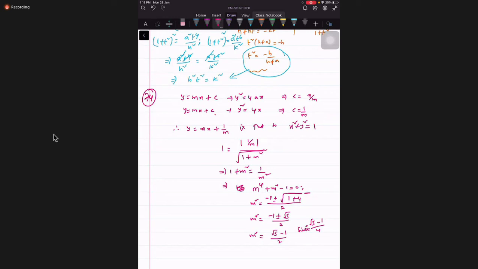Remaining questions, friends. Even that integration question also is easy only. e^x, we need to take as t.